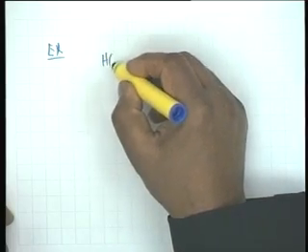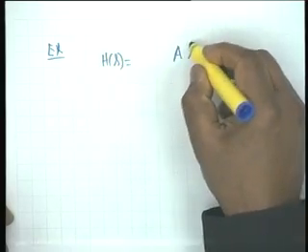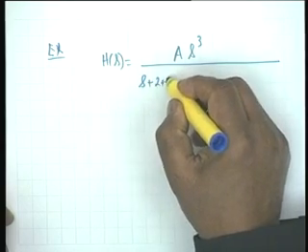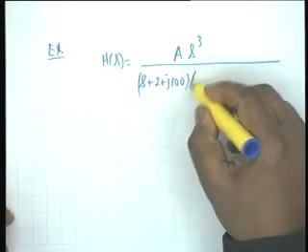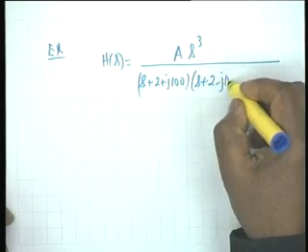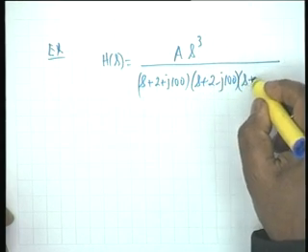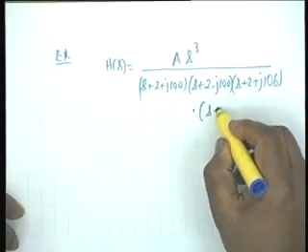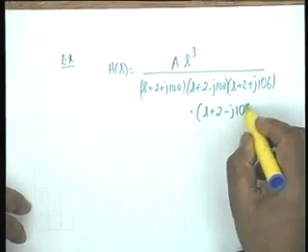a transfer function which was given as A s cubed divided by (s plus 2 plus j100)(s plus 2 minus j100)(s plus 2 plus j106)(s plus 2 minus j106).